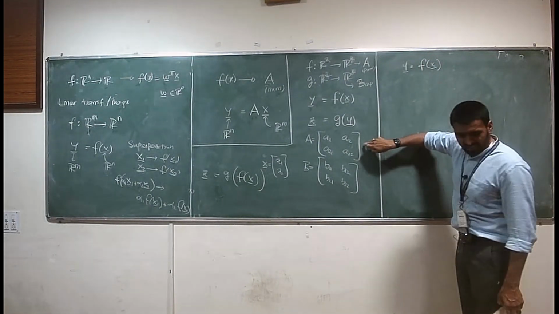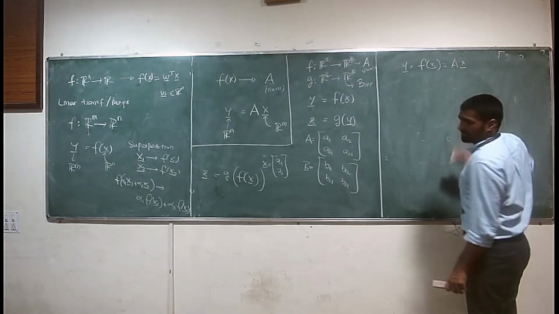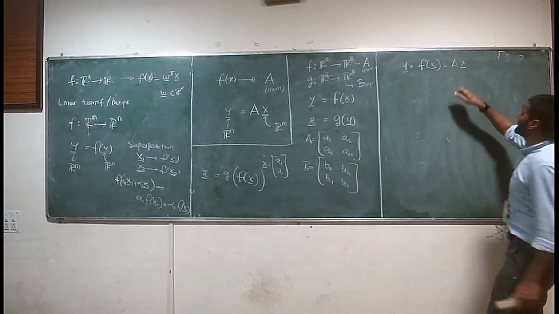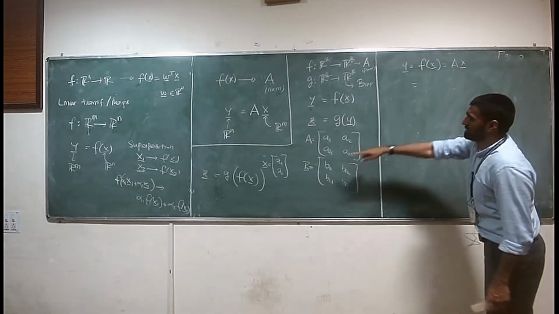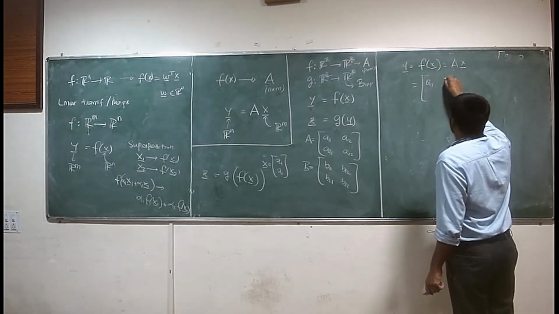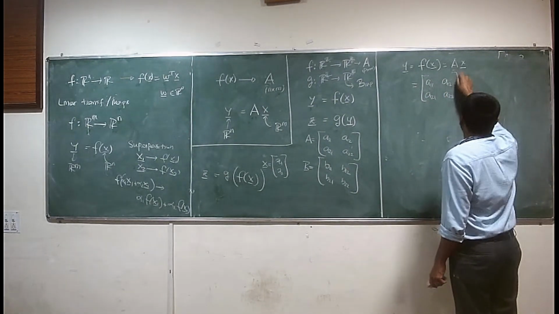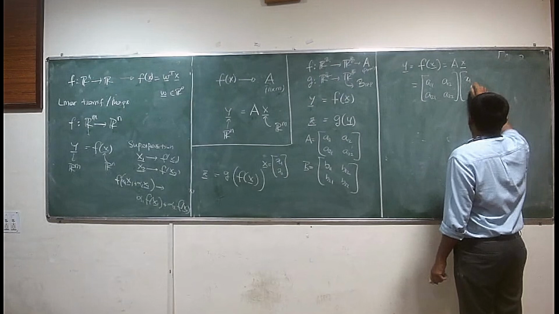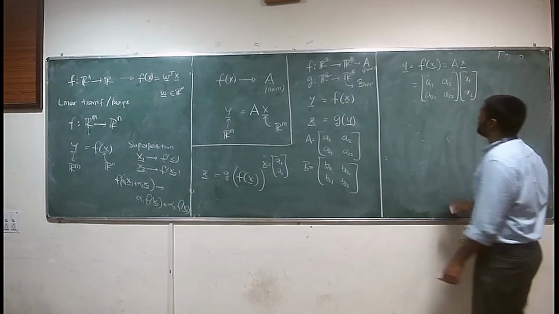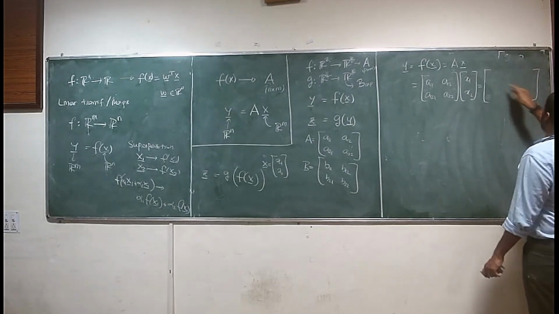F is represented by A. That means this is nothing but A times x, right? So what is my y? Can you tell me what is y? You simply have to do the matrix multiplication. So this will be a11, a12, a21, a22 times x1, x2. What will this be? Tell me the exact values that you get here.